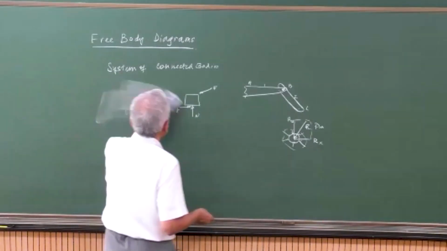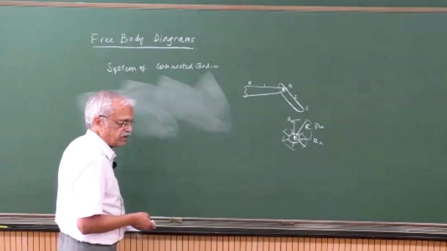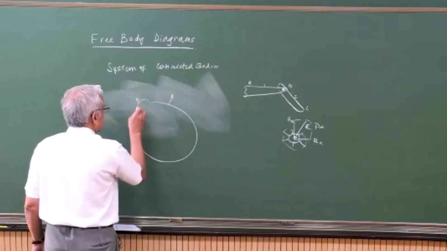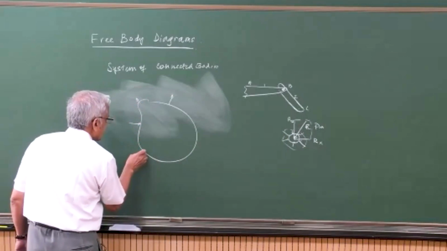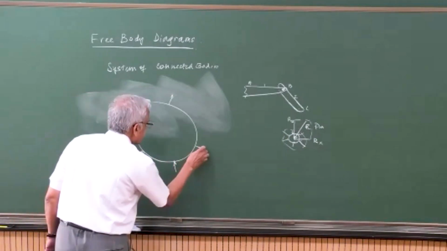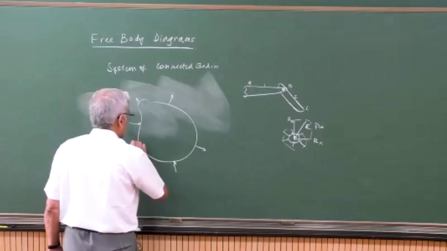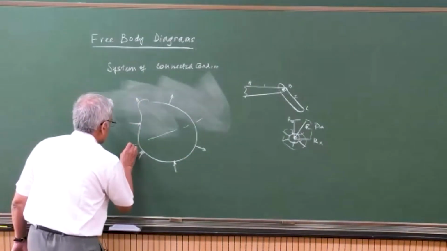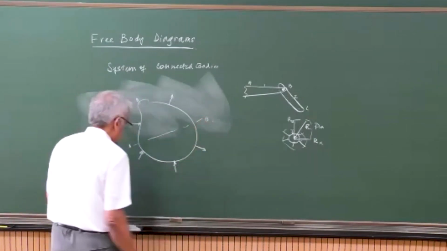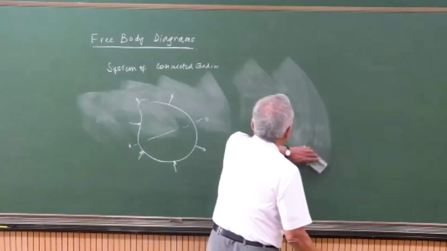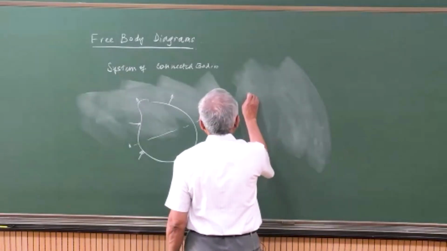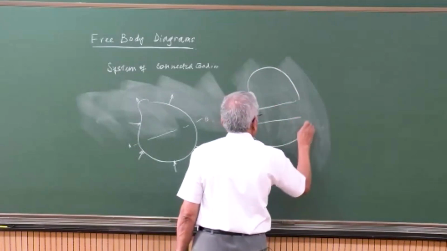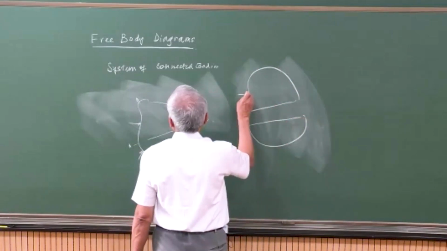Like the other day, yesterday, I was saying that if you have a body under equilibrium like this, a part of it can also be considered to be under equilibrium. So hypothetically, if you cut this into two parts, any one of them is, so you have this.